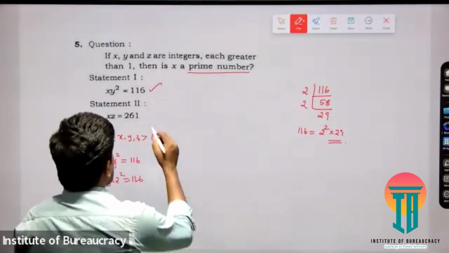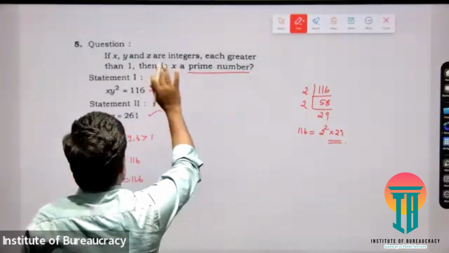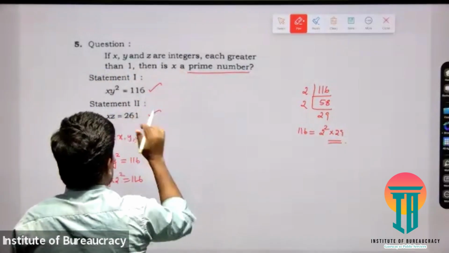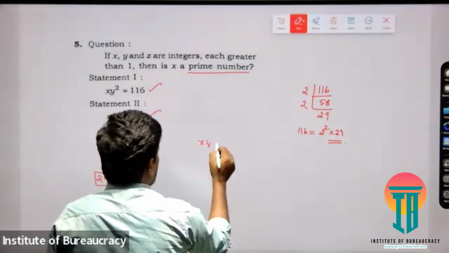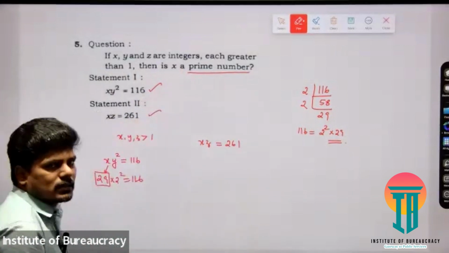When it comes to the second statement, now forget the first statement. Here, x z is equal to 261. Using the first statement, we are able to answer the question.